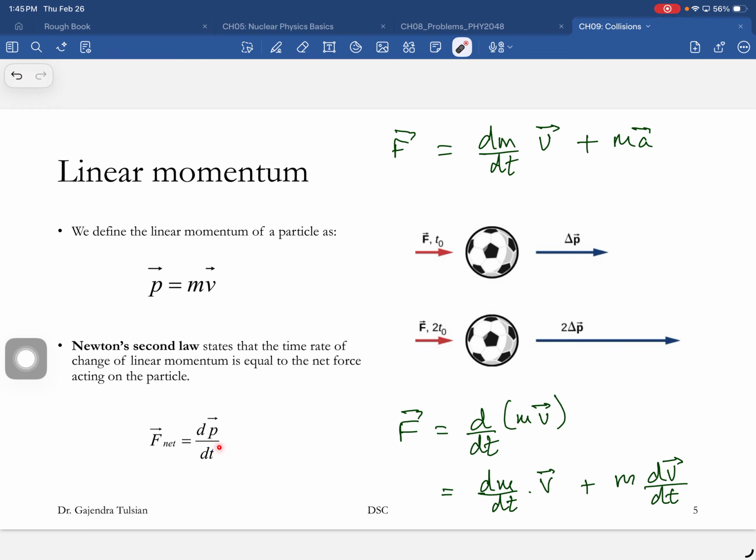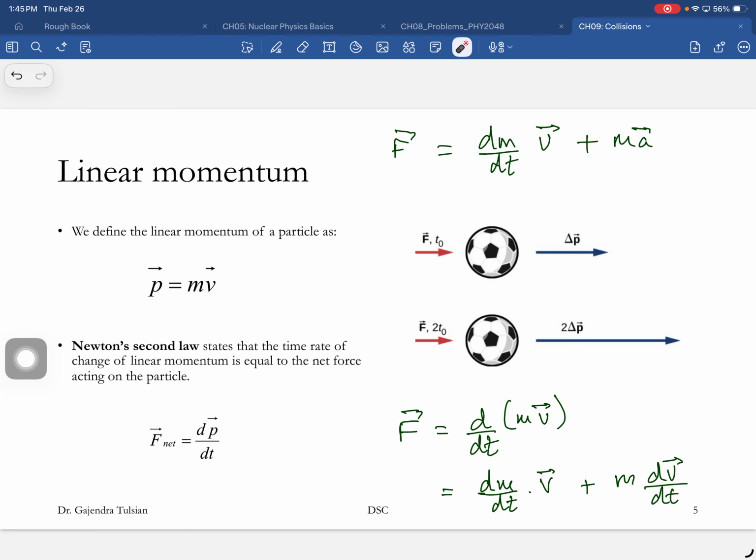The shorter the interval in which you stop, the greater the force you'll need. This kind of stuff plays into all kinds of safety devices. If you're going at 80 miles an hour and the steering wheel stops you, it stops you very fast, and that's not pleasant.